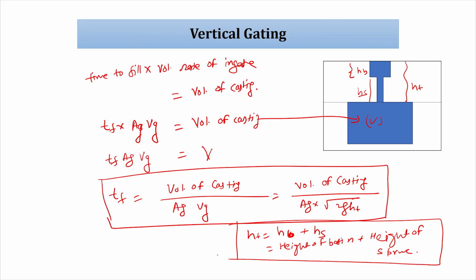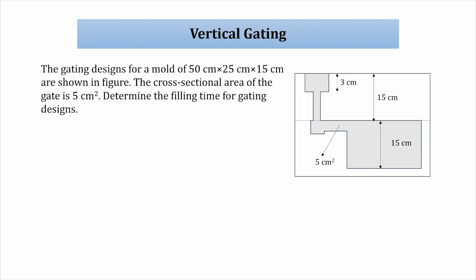Based on that, we will solve a numerical problem. For the vertical gating system, we have one numerical problem, we will solve that and then calculate the filling time. Let us assume the gating design of a mold of 50 cm into 25 cm into 15 cm.